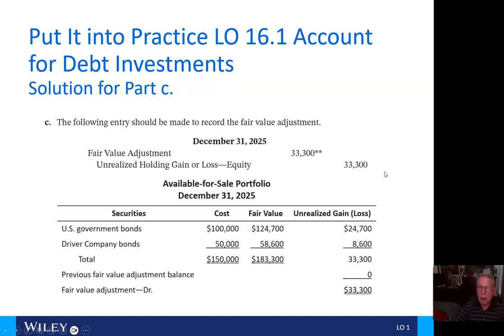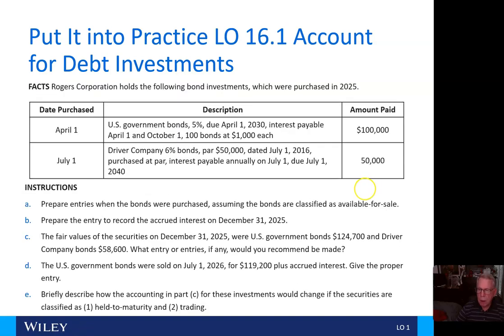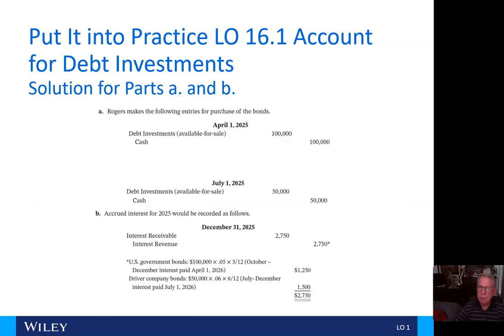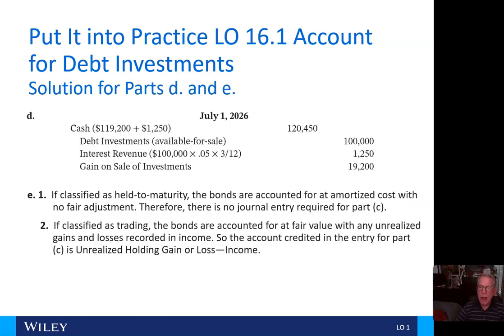Now, under Echo, briefly describe how the accounting in Part C for these investments would change if the securities are classified as held to maturity and trading. Okay, so if it's held to maturity, under Echo, the bonds are accounted for at the amortized cost with no fair value adjustment.